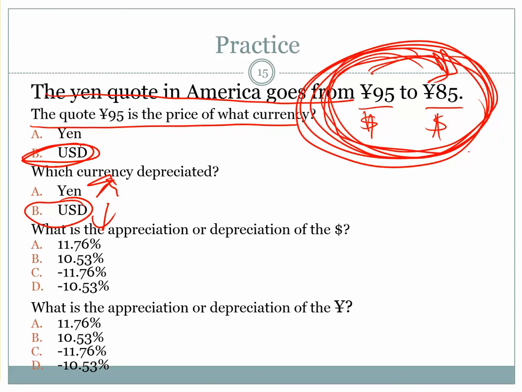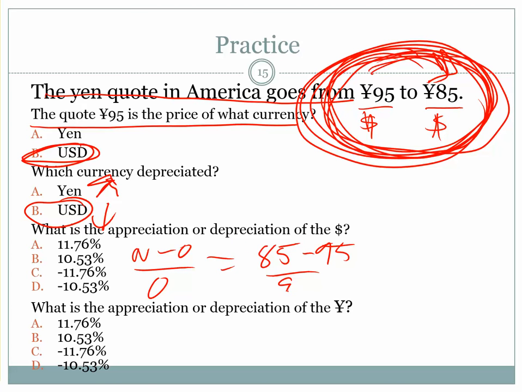Now, if you want what happened to the dollar, what was the appreciation of the dollar? Since that's in the denominator, you can just do new minus old over old. So I can take 85 minus 95 over 95, and what you see is the dollar is down 10.53%.